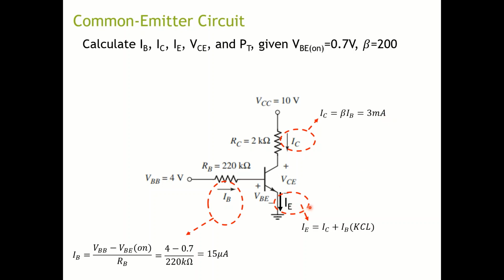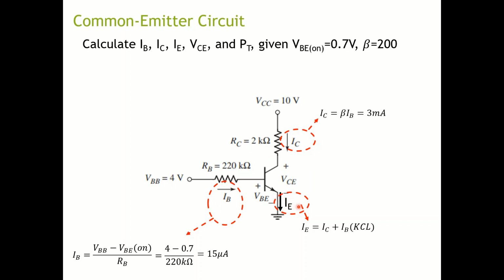Next, your emitter current. Technically you can use KCL, which is Kirchhoff's current law. So current coming in equals current coming out. Current coming in here is I_C and I_B, right?